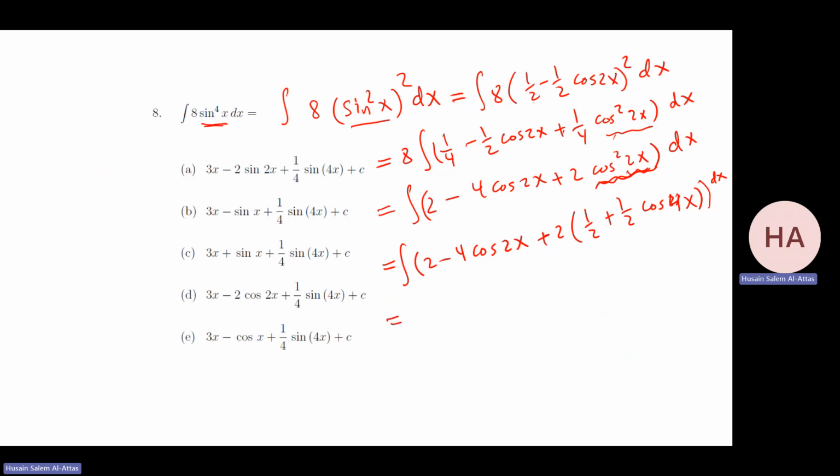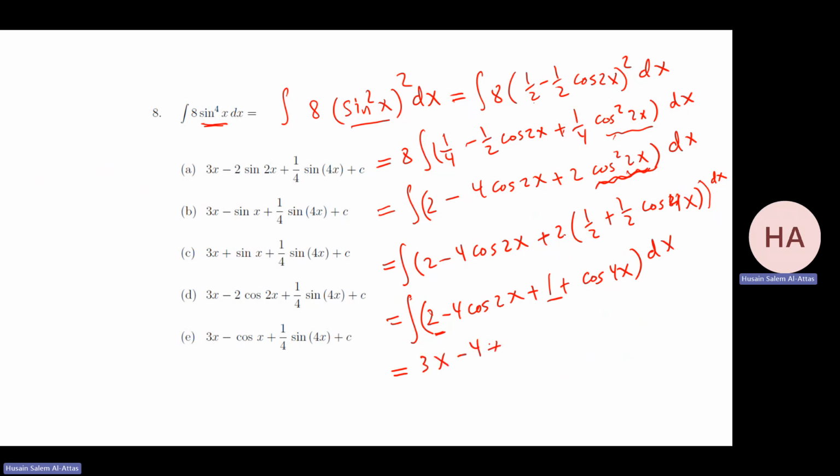So that gives me what? Let me write everything. Now I will do the integral after I write everything. 2 times half, that will be plus 1. Plus cosine 4x dx. That will be 3. So what's the integral of 3? That will be 3x.